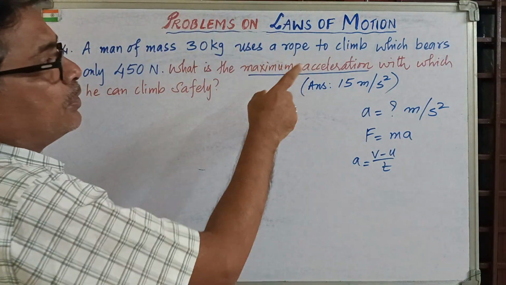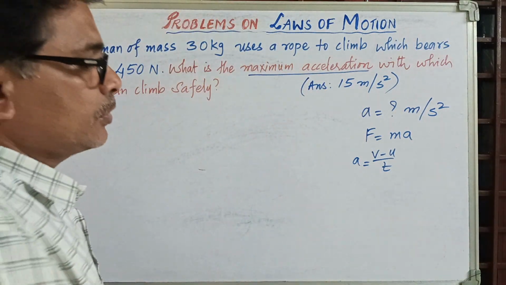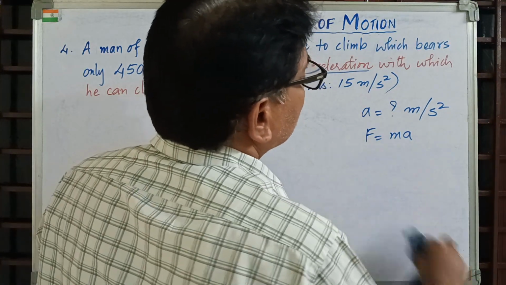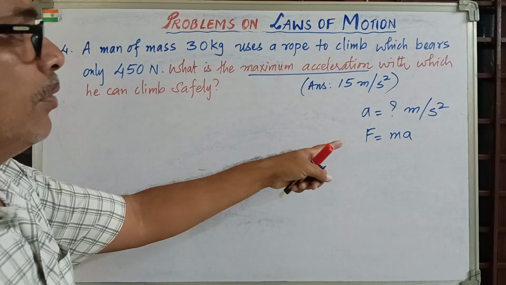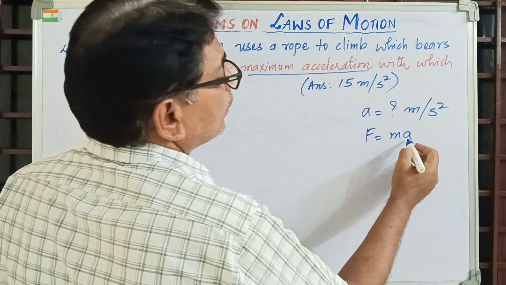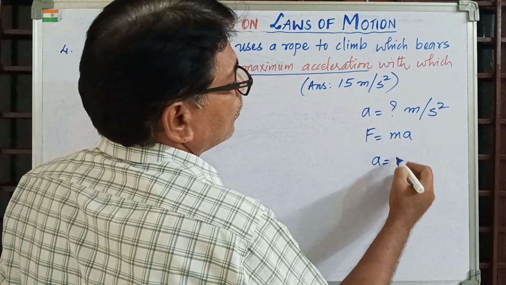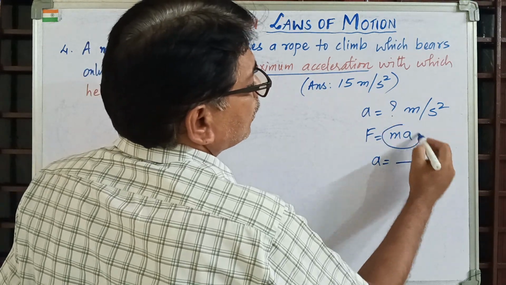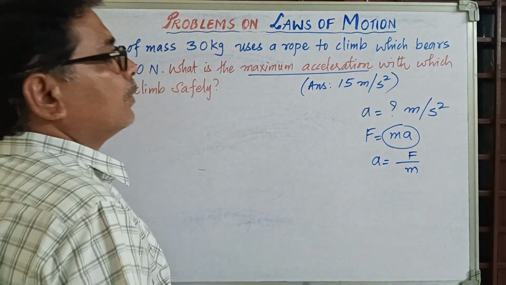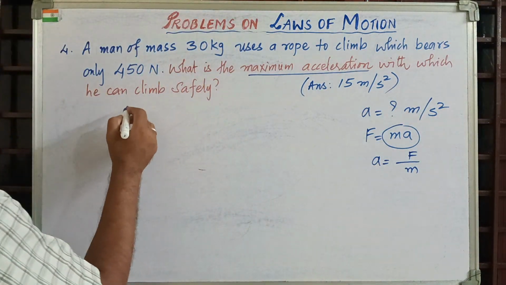I don't have two velocities, so again I don't need to worry about this formula. Then my formula is F is equal to ma. So from this, if I want to calculate a, whatever is along with a will become denominator. So a is F by m, simple.